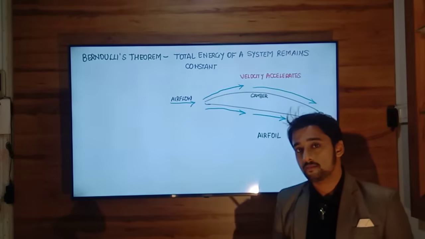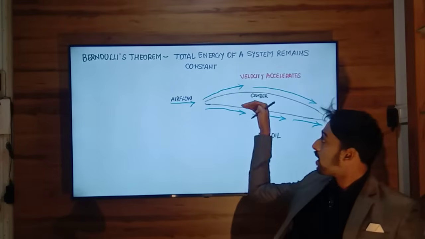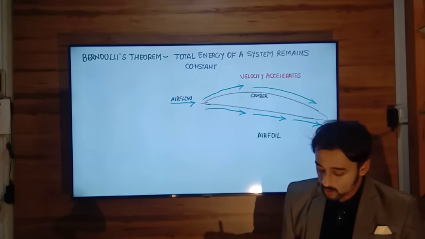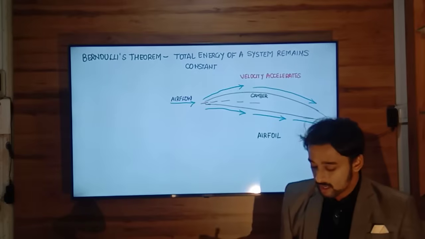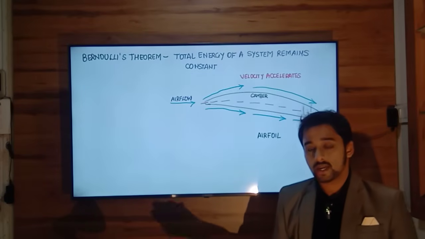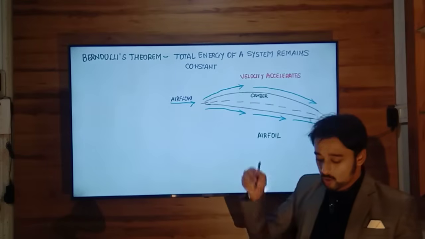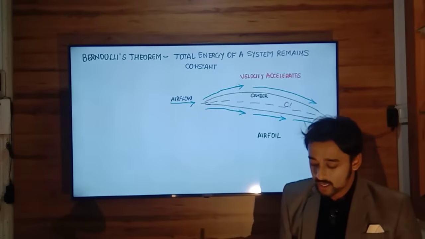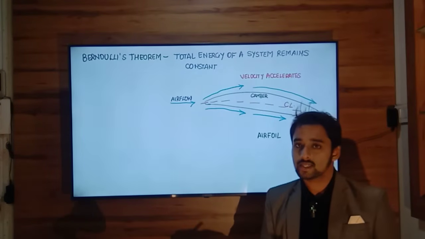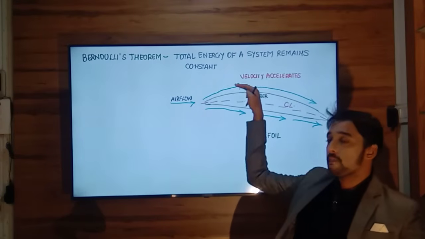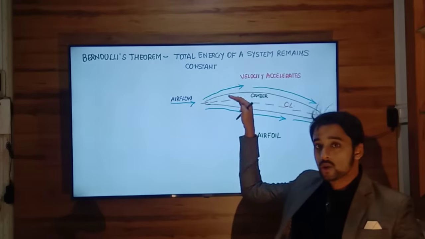So why positive camber? If the curvature is on the top surface of the wing, meaning this is your chord line. If the curvature is above the chord line, it is called positive camber. If the curvature of the wing is below the chord line, it is called a negative camber. In this example, we will see positive camber, means the wing is curved from above the chord line.